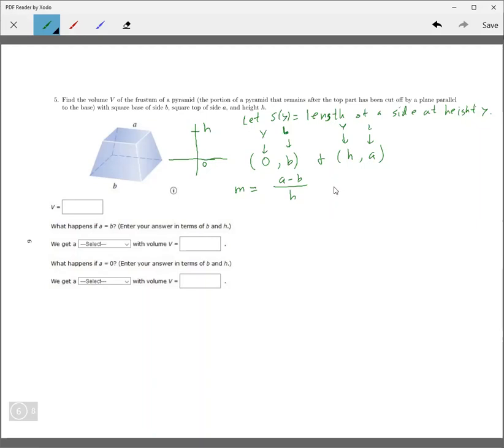So you can do it this way: s of y is equal to the slope times y plus b. So b is the intercept. Okay, so that's what s of y is.